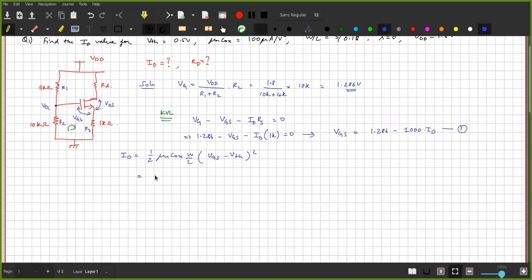Substitute all the values which you know. So half mu n COX is 100 micro, into W by L, which is 5 divided by 0.18, into VGS minus VTH squared. I don't know the VGS value, so I will substitute from equation 1. Call this equation 2.